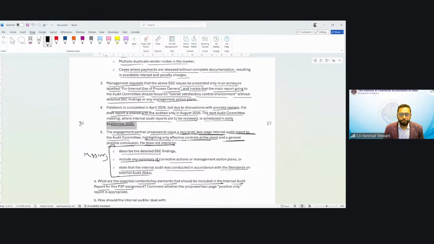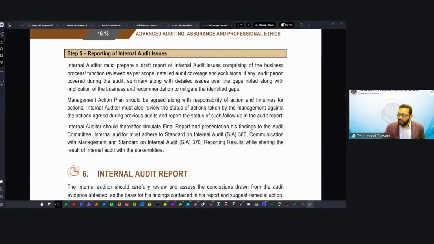See, the answer to this particular question is there on your page number 16.18. Straightforward. Let us come to page number 16.18, where we are talking about reporting of internal audit issues. There are two stages: one is a draft stage, one is a final stage.